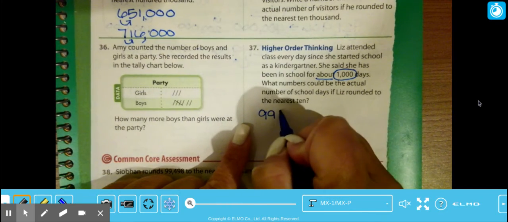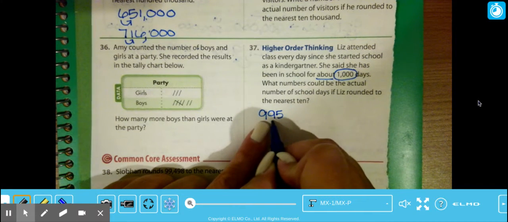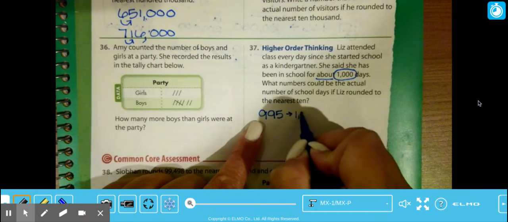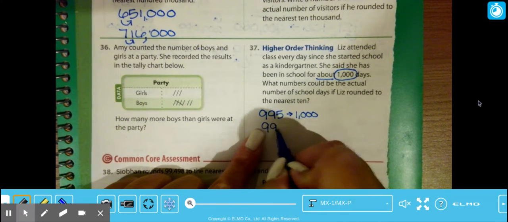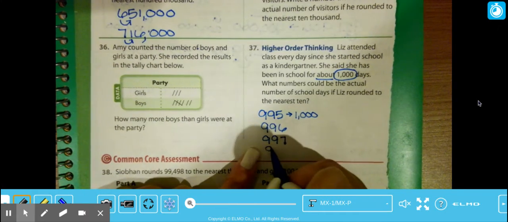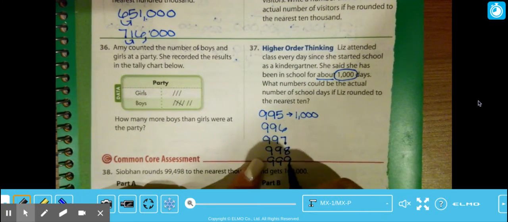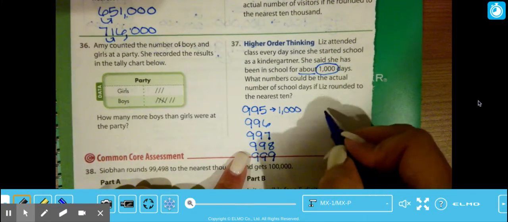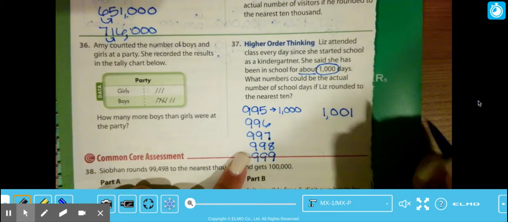Could I have written 995? Let's see, if I'm rounding to the nearest 10, and I look to the right, yeah, that would round to 1,000. What about 996, 997, 998, 999? They would all work. And now let's think, instead of going up, if we were going down, like letting it rest, what about 1,001?